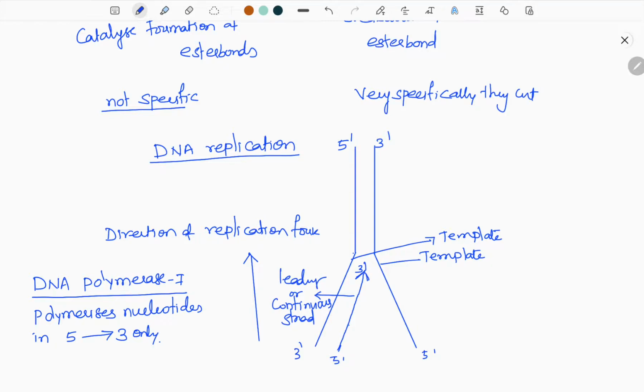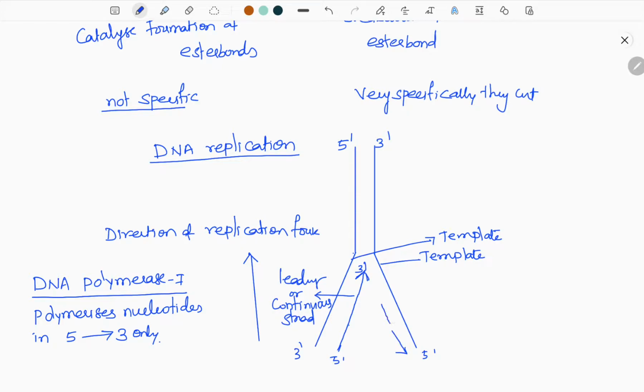And for the other template on the other side, another new DNA strand should form. But the problem is that towards the opening of the fork, the new strand is formed continuously, whereas the other strand is not formed continuously because it's not opened readily. So what happens here? The first strand is formed here in the 5 to 3 direction.